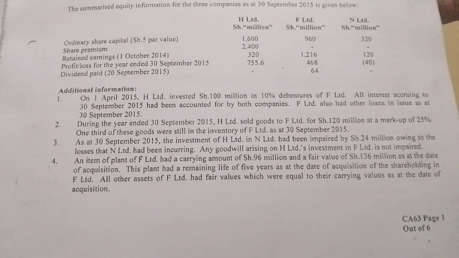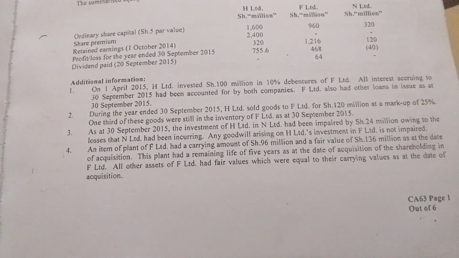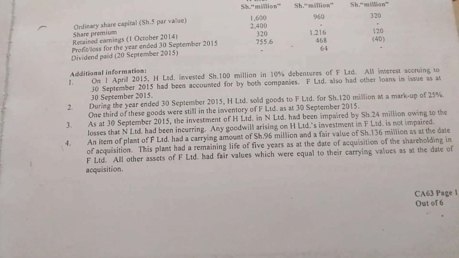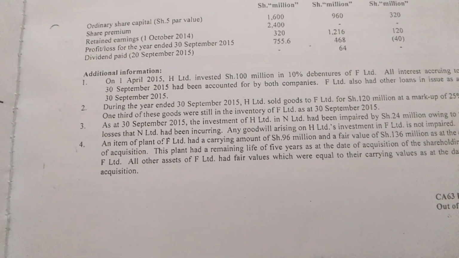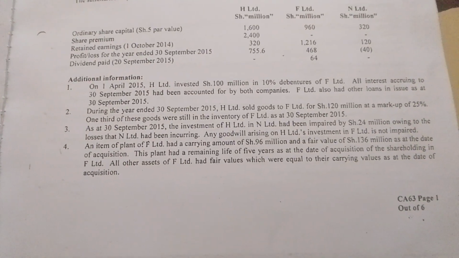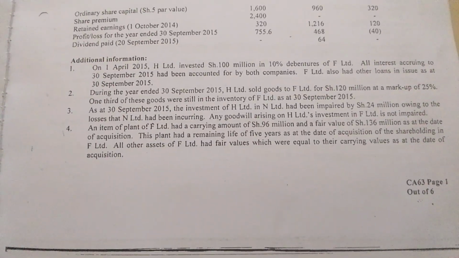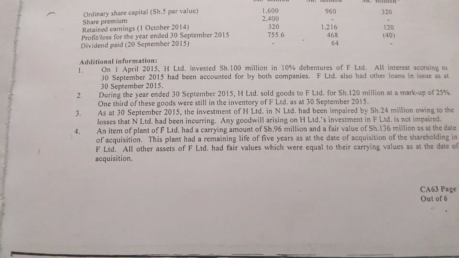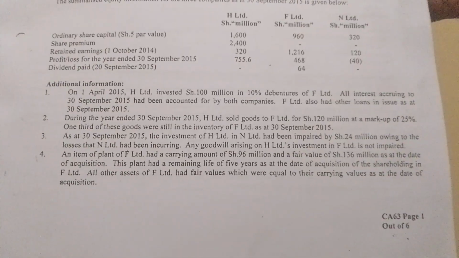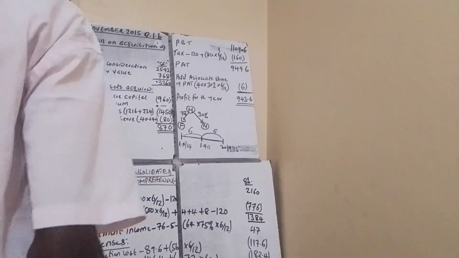Let's see number two, what will happen during the year ended 30th September 2015. H Limited sold goods to F Limited for shillings 120 million at a markup of 25%. 1/3 of these goods was still in the inventory of F Limited as at 30th September 2015. So simply, what happens is that these are intra-company sales.